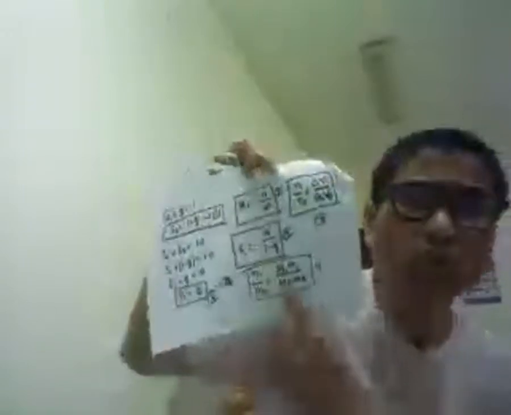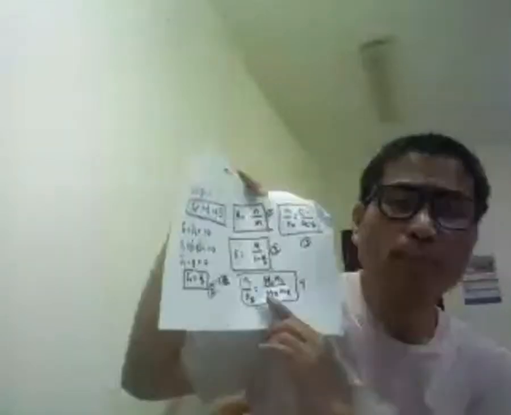Since you have N1 and N2, if you get N1, you automatically get N2, and you get the percentage by mole, or the mole fraction. Since this is related in terms of molecular weight, this is mass 1, mass 2. So you can also get the mass fraction later on through this equation.